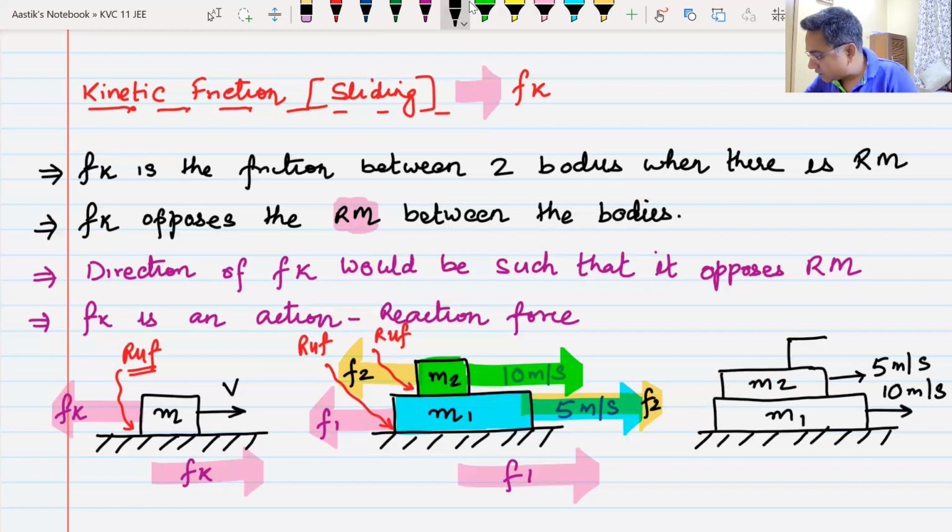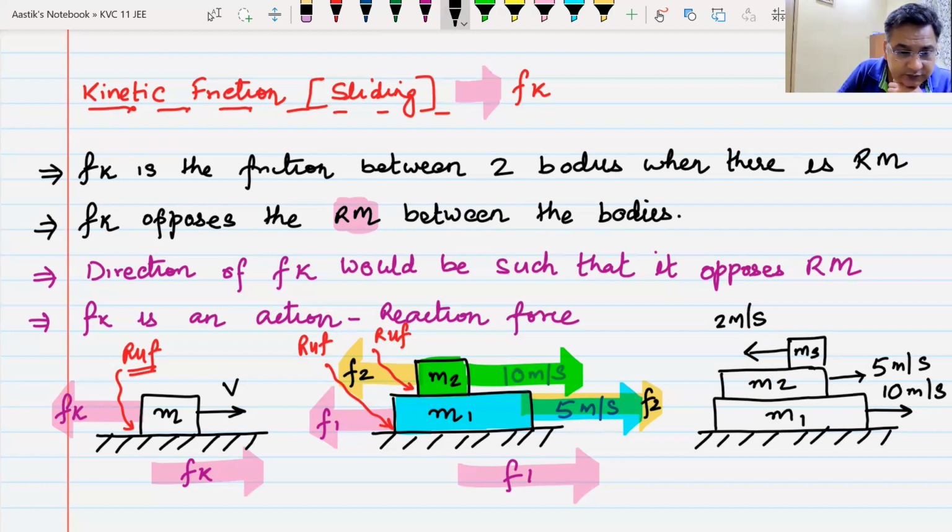And then there is M3 on the top of this. It is moving on this side with a velocity of 2 meters per second with respect to ground. All the surfaces are rough. You have to find out the direction of frictional forces acting on each block, and I'll give you 2 minutes to do this.